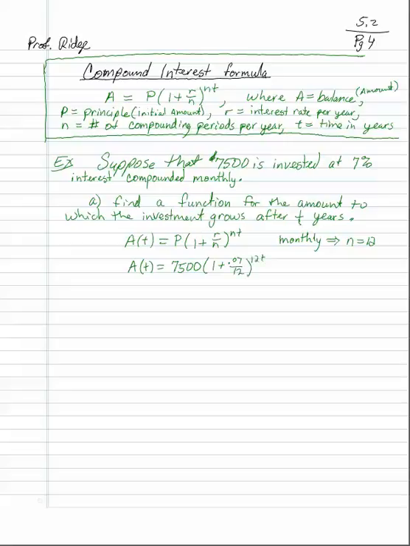Then 0.07 divided by 12 is 0.005833. So it's 1.005833 to the 12t.